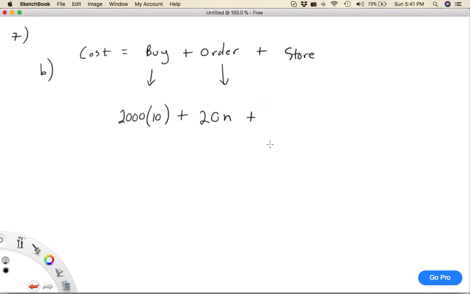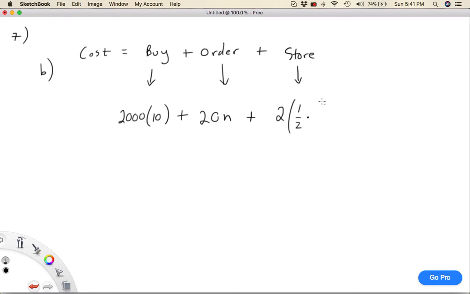Okay, so we're going to have to do some math on this one, right? The storage cost is $2 times the number of bottles that you're storing at any given time. And the number of bottles that you're storing at any given time is half the amount of your purchases.